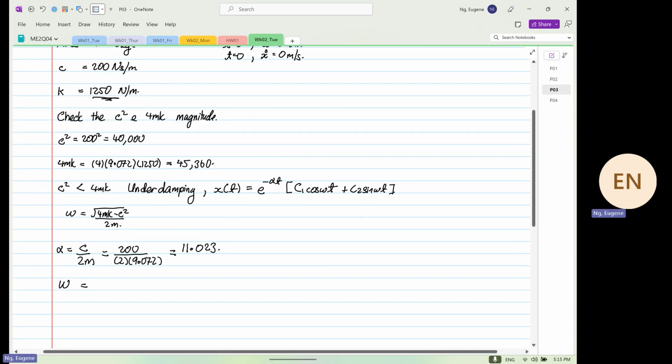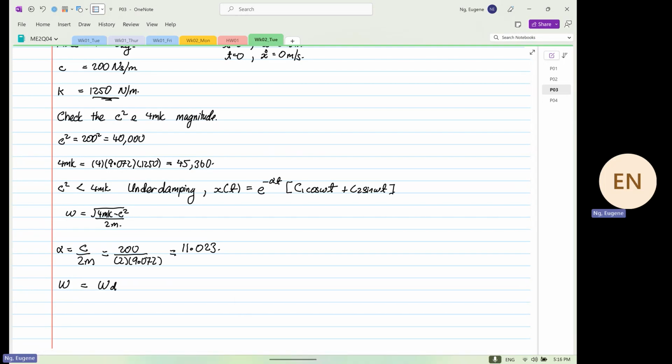So omega over here will be equal to omega d. The d signifies the natural frequency for a damped system. Okay, that is what omega d is all about.